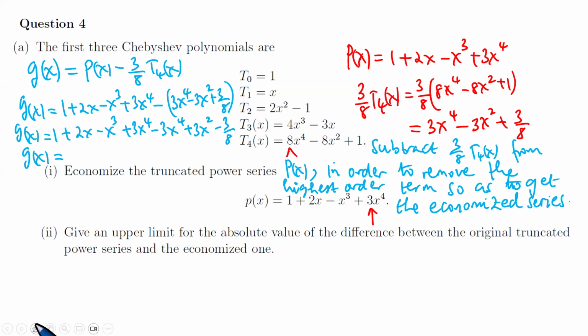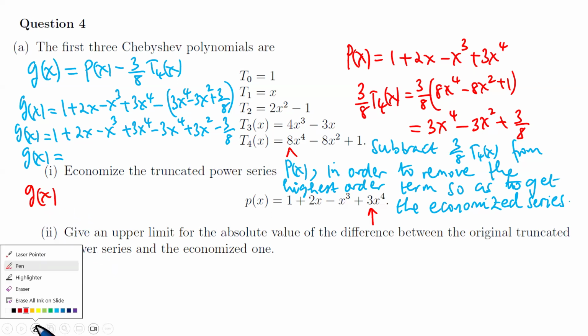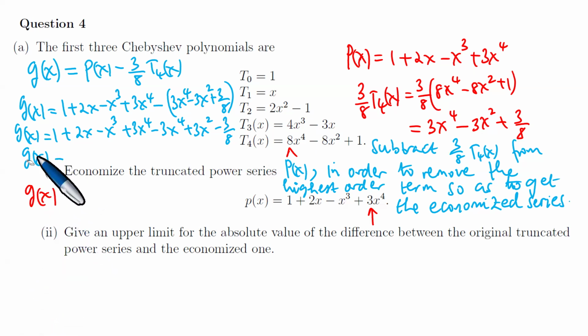Okay, let us check together the algebra. This is what we're getting: the economized series, the g function. So g of x becomes the same as the following. We add the like terms, and we can see this guy and this guy cancel out, and we have managed to eliminate the highest order terms.